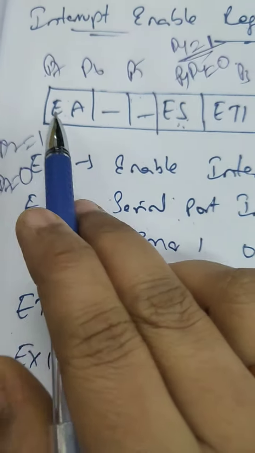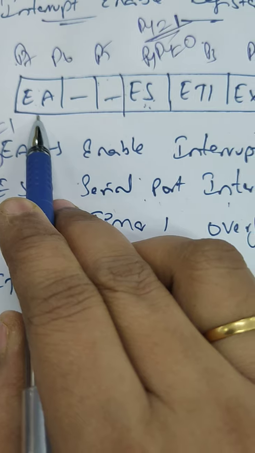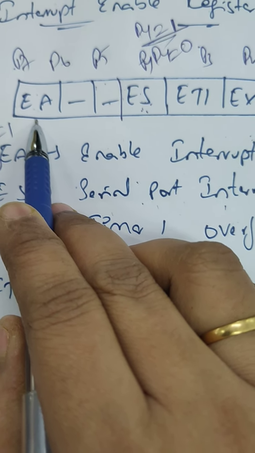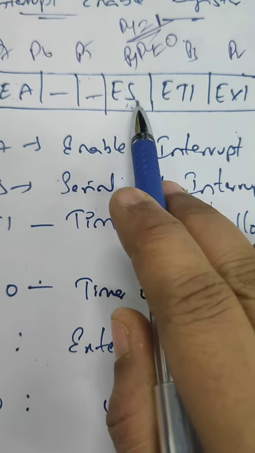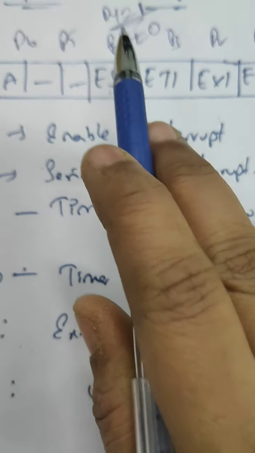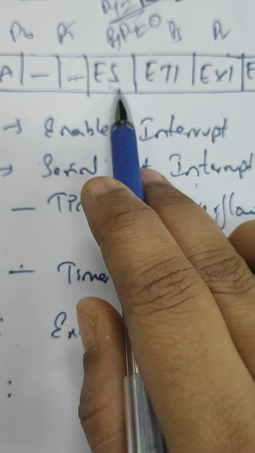In the starting, the D7 bit completely enables the interrupts when it is set to 1, and completely disables the interrupts when it is set to 0. Similarly, for the serial port interrupt, when it is set to 1, it is enabling the serial port. When it is set to 0, it is disabling the serial port.